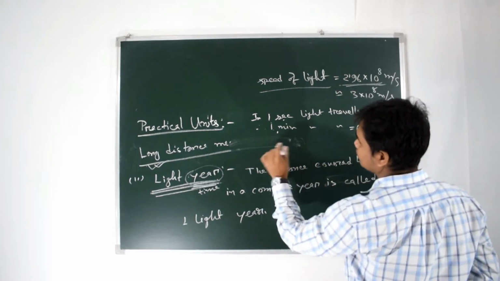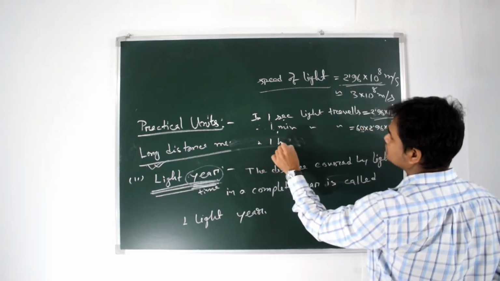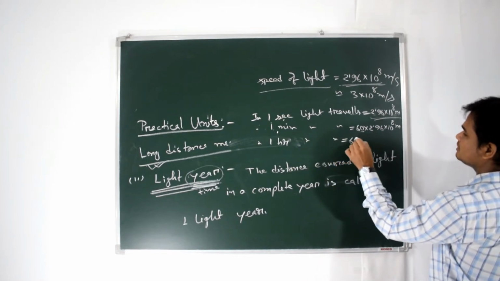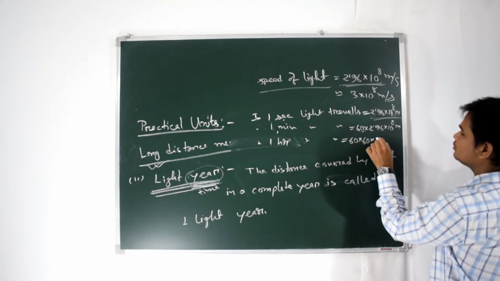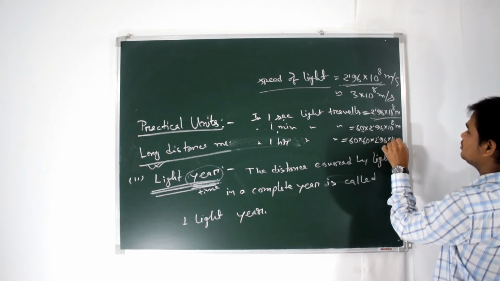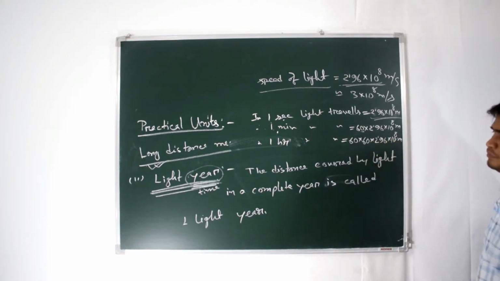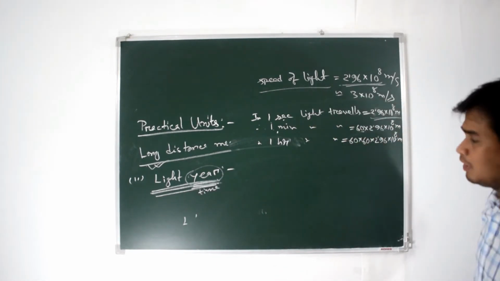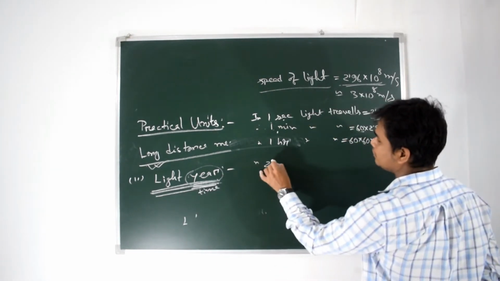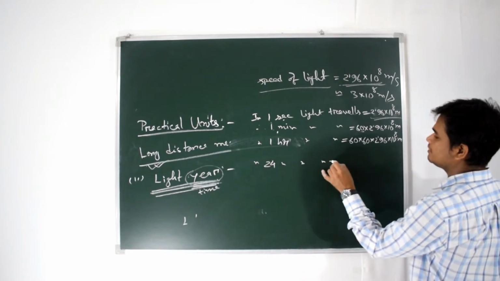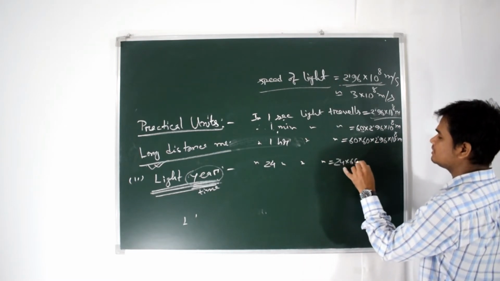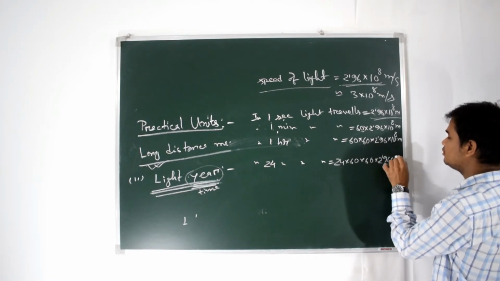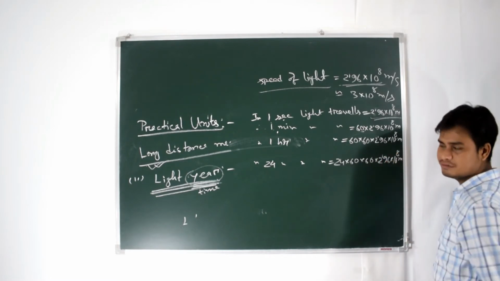Again in 1 hour, light travels 60 into 60 into 2.96 into 10 to the power 8 meter.